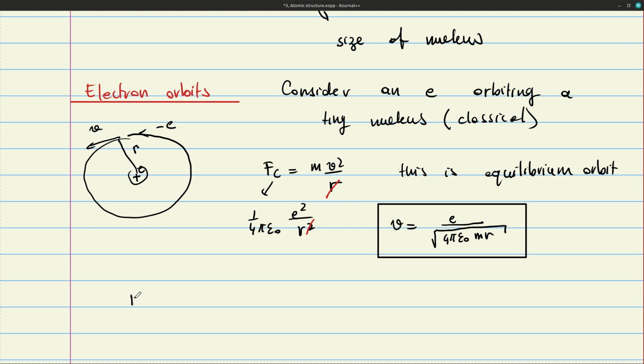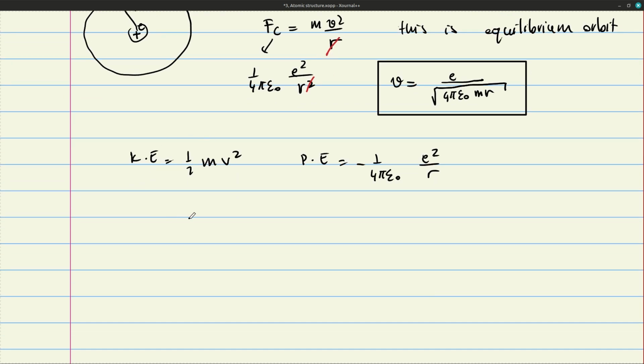Now kinetic energy is 1/2 mv squared, and potential energy is minus 1 over 4 pi epsilon naught e squared over R, and total energy E is equal to 1/2 mv squared minus 1 over 4 pi epsilon naught e squared over R. From here, I can substitute this, right? This is 1 over 2 m times e squared over 4 pi epsilon naught mR, cancel m with this.